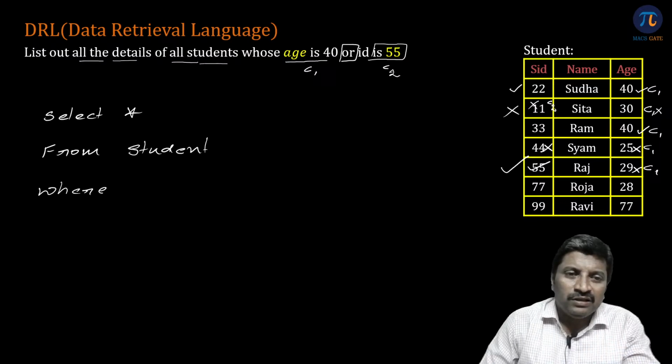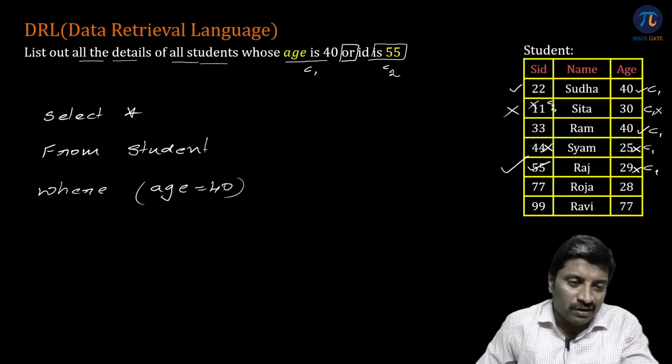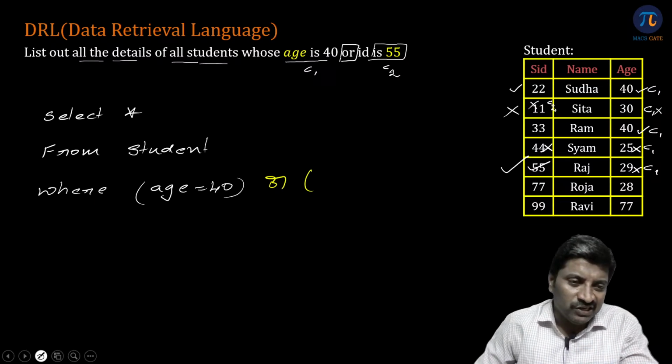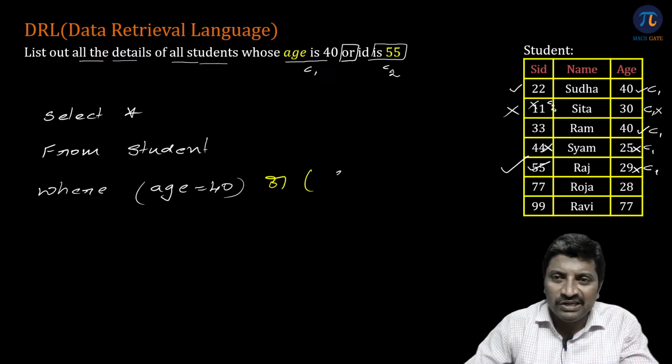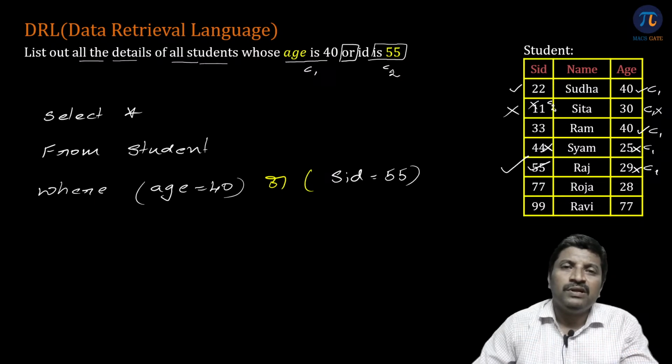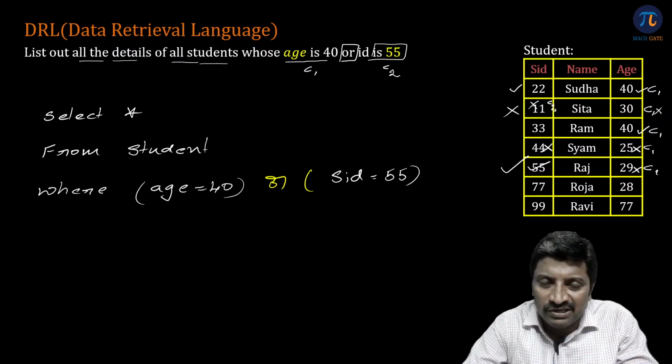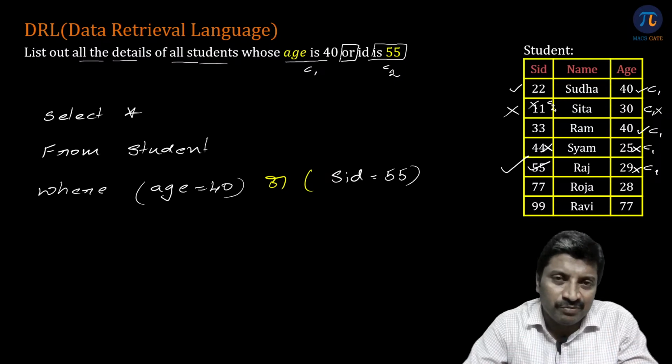Where condition 1 is age equal to 40, or what is the second condition? The second condition is on SID, that is equal to 55. Not only two conditions, sir. We may have any number of conditions based on the requirement.